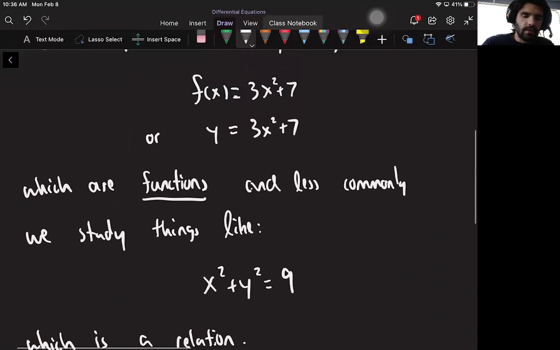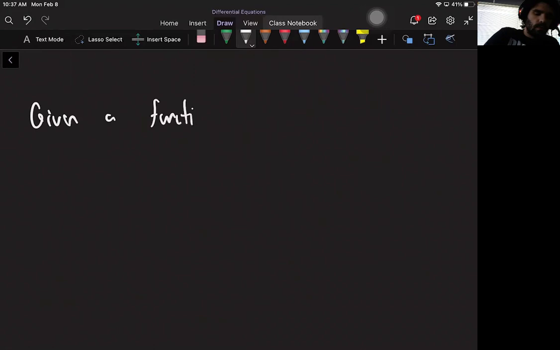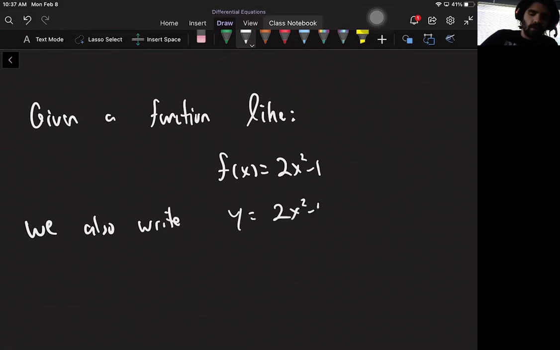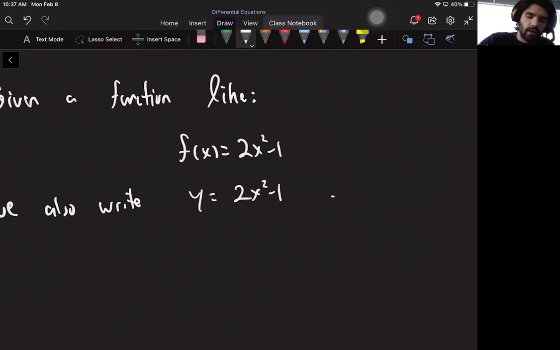Okay, so you study things like this. Now let's focus on just one example. Given a function, I'm going to write a different one this time, something like that. Why do we also write this other thing instead? Why do we do both? What's the difference? Well, they're just saying the same thing in different ways, depending on how you want to look at things.